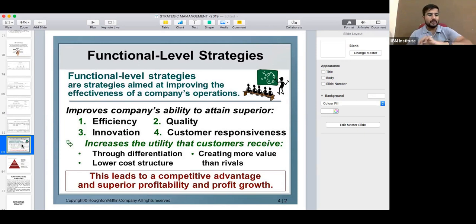Now, when I'm talking about the company's efficiencies or the company's ability to become superior in the market, they always need to focus on these four basic parameters. These parameters consist of efficiency, quality, innovation, and customer responsiveness. In order to become a successful strategic business in a particular territory or locality, the company must focus on all these important abilities or areas of improvement.